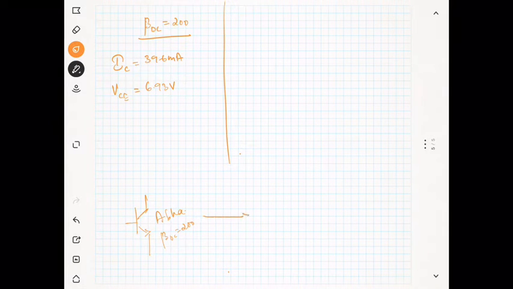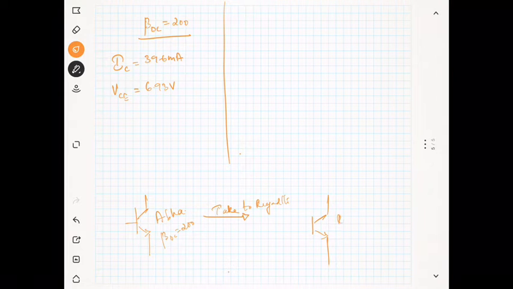Now you take this transistor to Riyadh, during a hot climate. Now in Riyadh, the same transistor will have beta DC, maybe for example 220, because the beta of the transistor will change with the temperature.